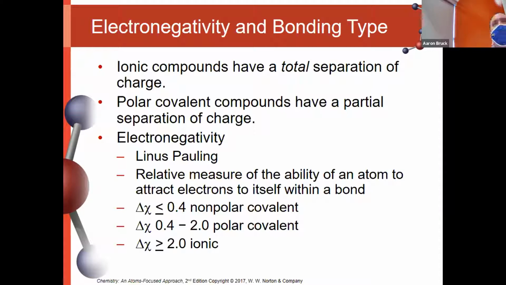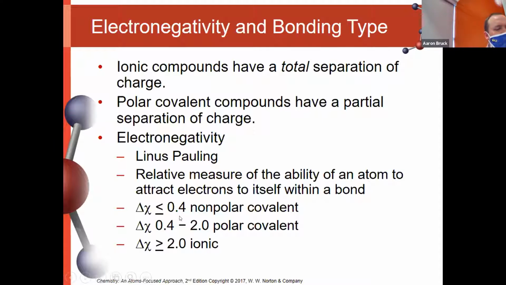Using the Pauling scale, we can establish relationships between two atoms and say, if I've got this atom and this atom coming together to make a bond, what kind of bond is it going to be? Well, if I evaluate the electronegativity on the Pauling scale for fluorine and compare that to the electronegativity for boron, I can see the relationship between them.